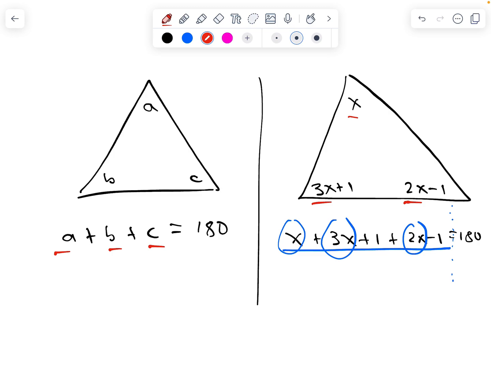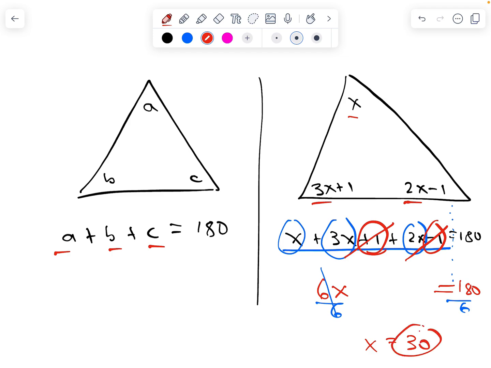When we combine them together, we're going to have 6x. And now we've got 1 and minus 1. Those just cancel each other out. 1 minus 1 is 0, and we don't have to write the 0, is equal to 180. Dividing both sides by 6, that cancels, and we get our answer, which is x equals 30.